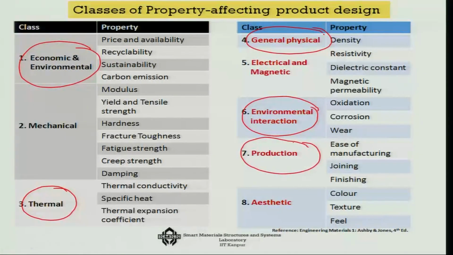Now, last but not the least, I told you about 7 important properties, but there is the 8th one that is of course generally beyond the scope of our dealing, but it is actually the aesthetic properties, which in today's context are to be always kept in mind, because after all, particularly for consumer goods, if you cannot give an attractive look to a system, the product will not sell. So, properties like color, texture, the feel of it, etc., become important.